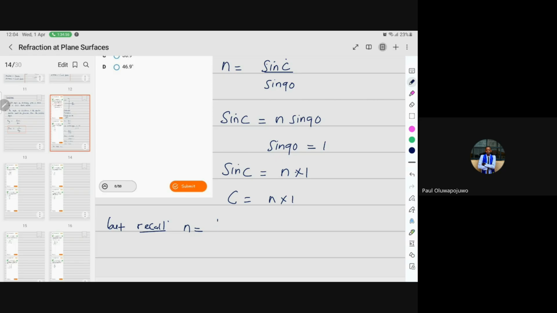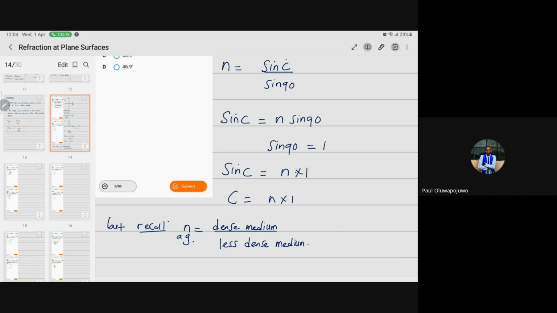The dense medium all over the less dense medium, where this N is simply from air to glass.